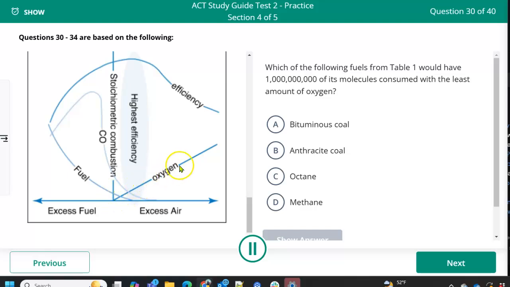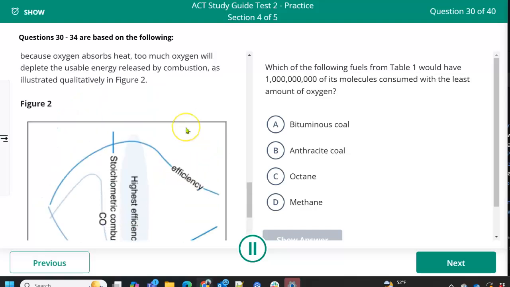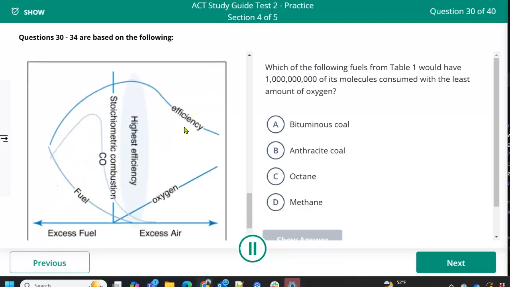As oxygen increases, the usable energy goes down. The highest efficiency is right here in the middle. Oxygen going up, efficiency goes down. We've lost the highest efficiency. All right, good.